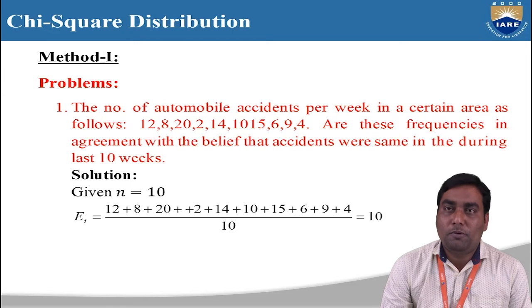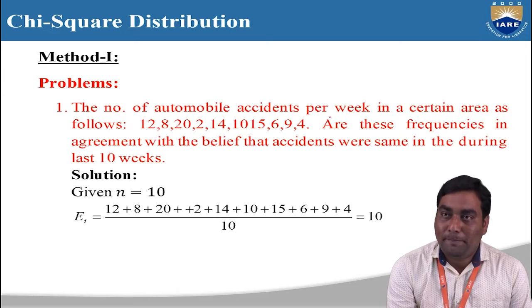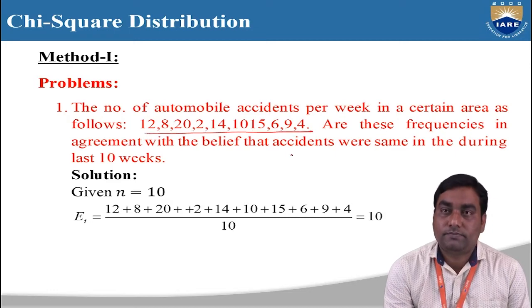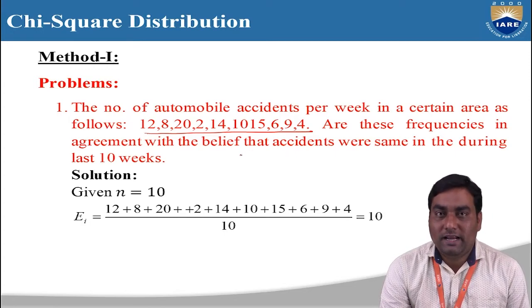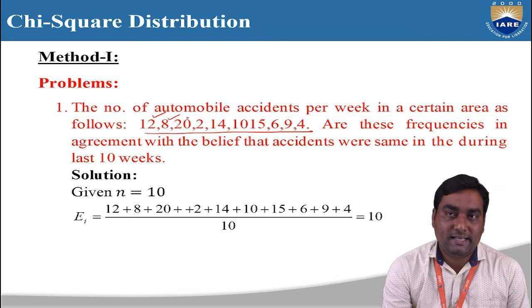In method 1, the problem is: the number of automobile accidents per week in a certain area is as follows. That means in a particular area, for every week, suppose first week 12 accidents, second week 8 accidents, third week 20 accidents, like that 10th week 4 accidents.